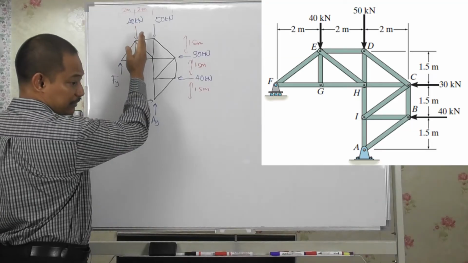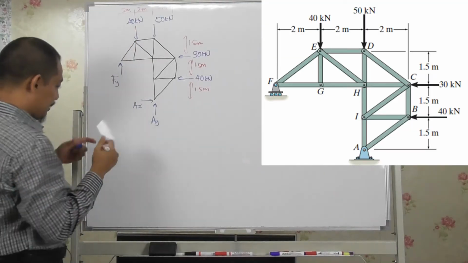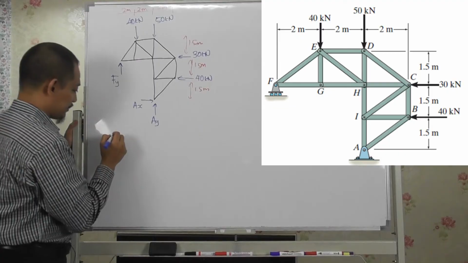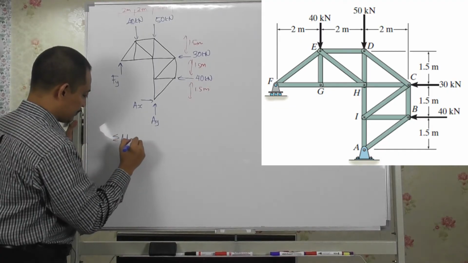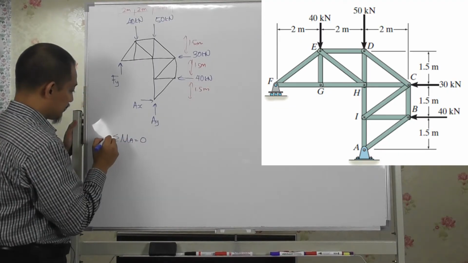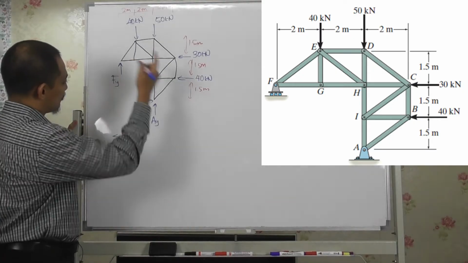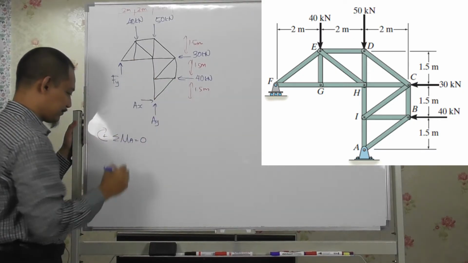Okay. So since the cut is here, I just want to take the left side, and I'm only interested in Fy, so I'll take summation of moment about point A equal to 0. Because this is clockwise, let's take clockwise as positive.